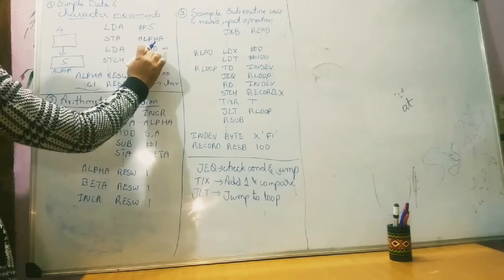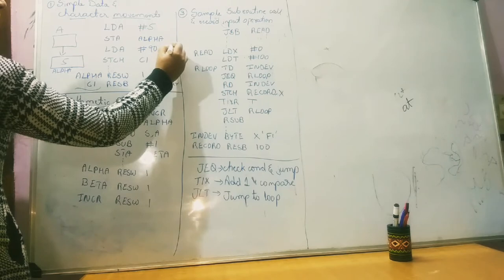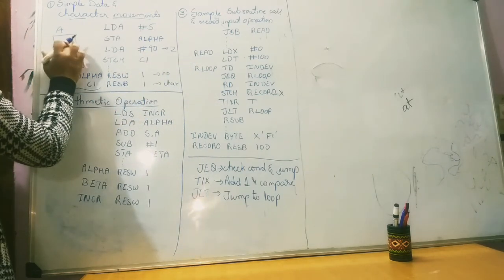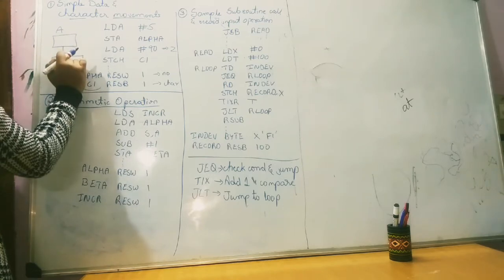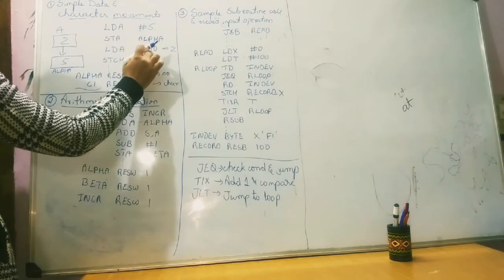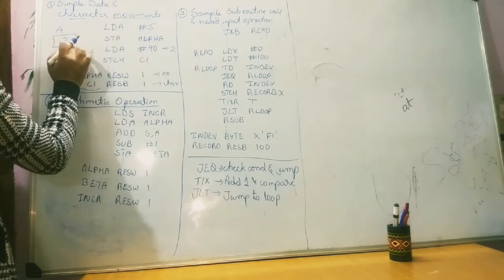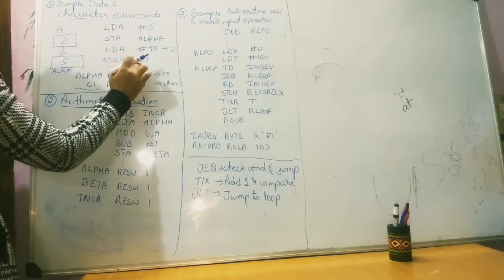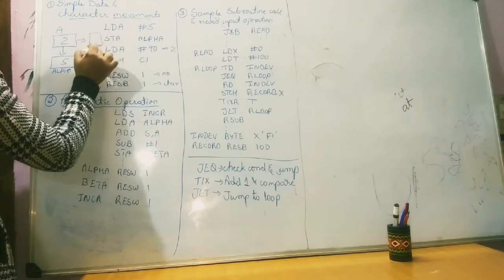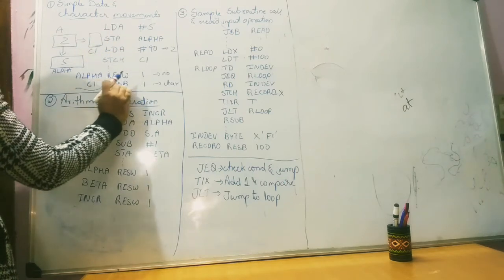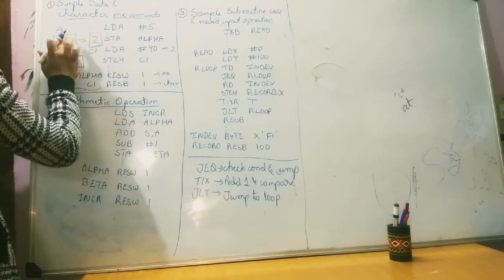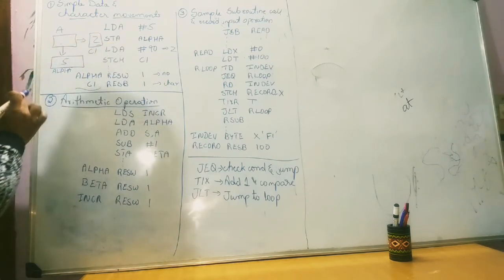So here #90 means it will convert to the respective ASCII, which becomes Z. So previously the accumulator is empty while 5 is shifted to the alpha, and here the Z will be stored. 90's ASCII is Z, and that character will be stored in another register, C1. See, C1 reserves the byte which is of character. So Z will be moved here, and again the accumulator will become empty.